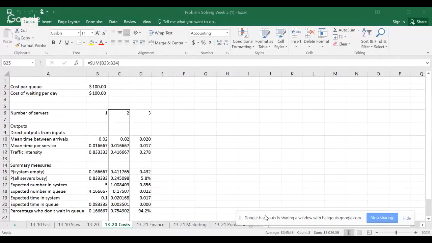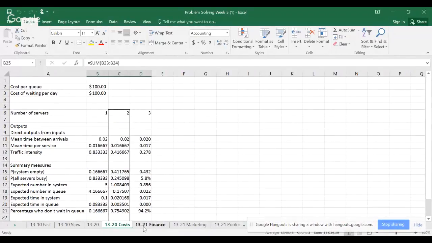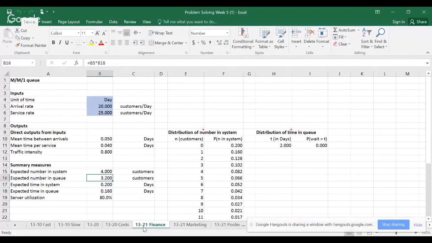The finance department, let's talk about the interpretation. First of all, what's your critical number? Is it the time in system or the time in queue? Does it matter how long the letter waits to get started, or how long until it's all the way done?